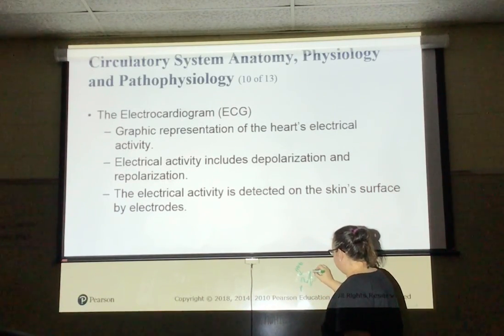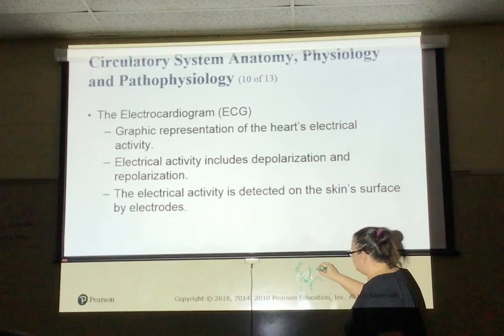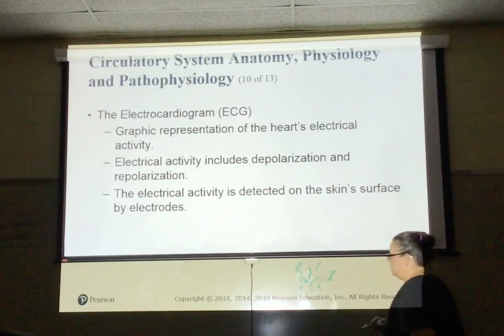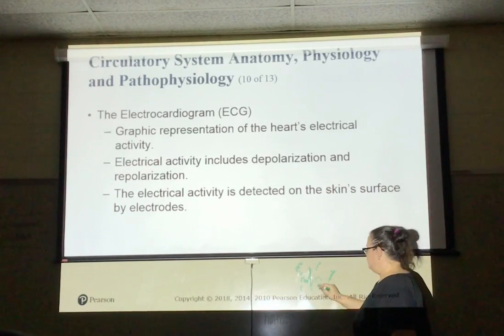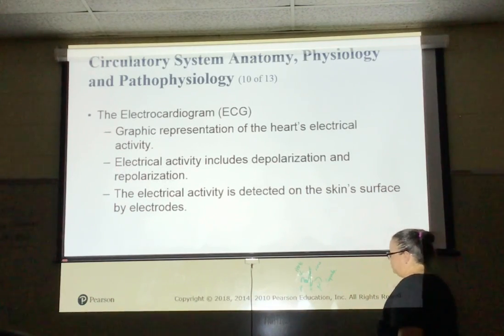This right here is a QRS. This is your ventricles. This is your T wave, and this just means that it's repolarizing. So atria, ventricles, repolarizing, and you're going to have that all the way across.